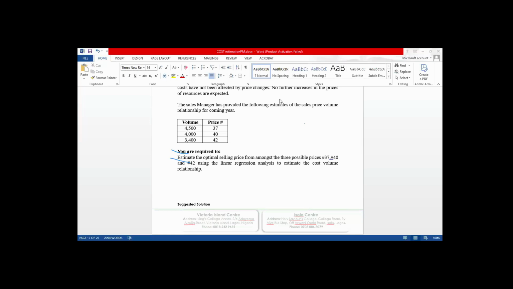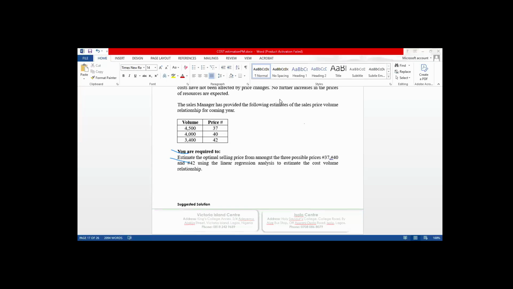What is optimal selling price? That selling price that will maximize the company's profits. So we have been given three suggested prices: 37 naira, or 40 naira, or 42 naira.